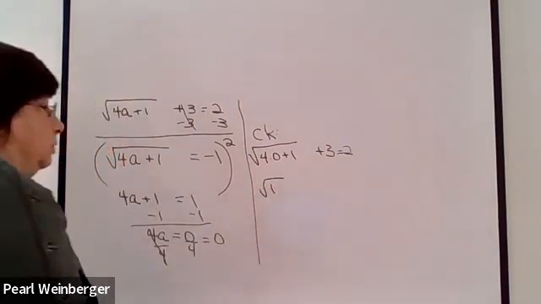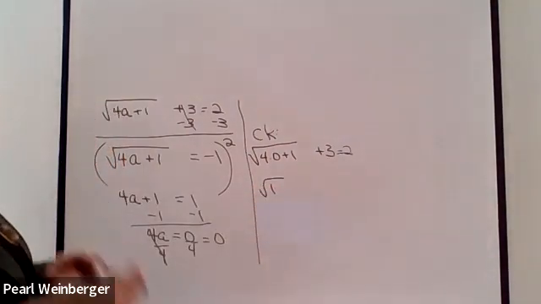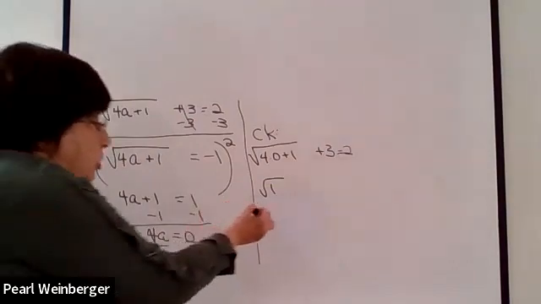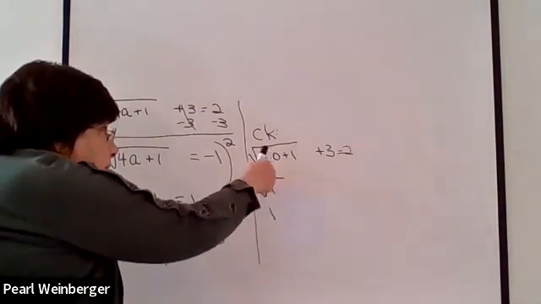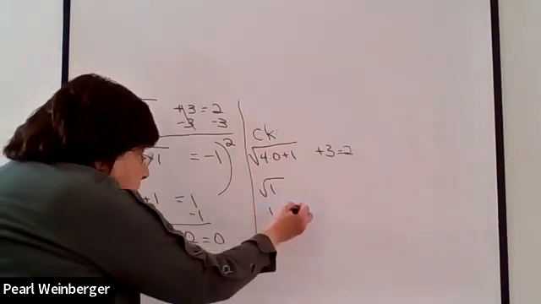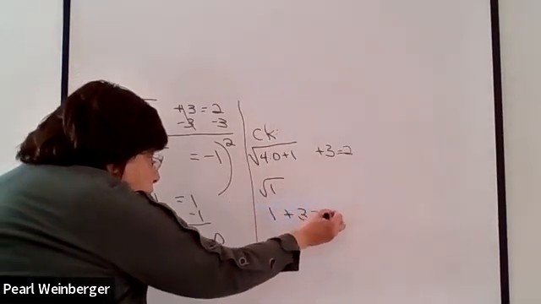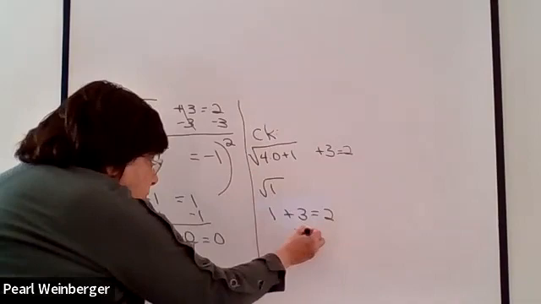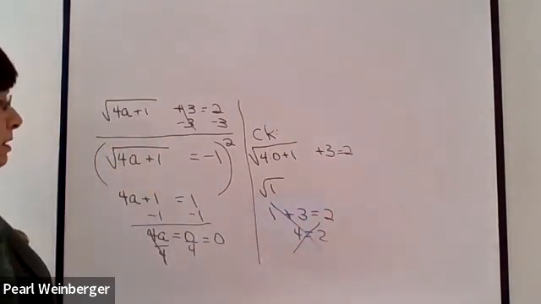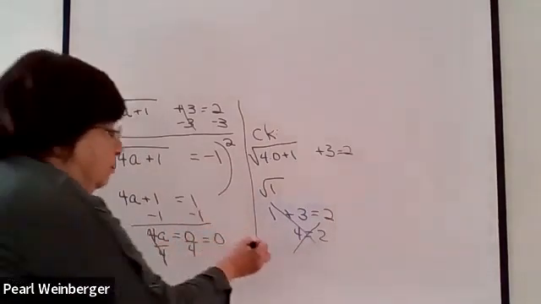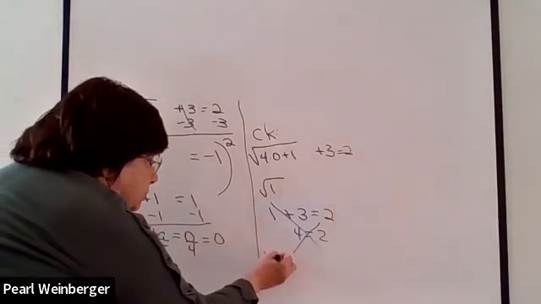So we're getting the square root of 1. And of course, the square root of 1 is just 1, because 1 times 1 is 1. So this becomes 1 plus 3 equals 2. And I end up with 4 equals 2, which is obviously not right. This is not a correct solution. There's no solution here.